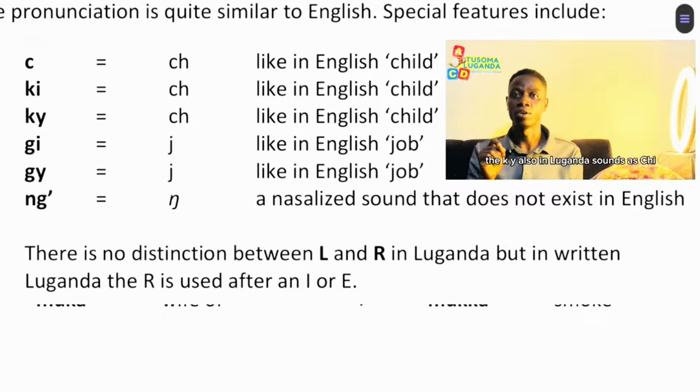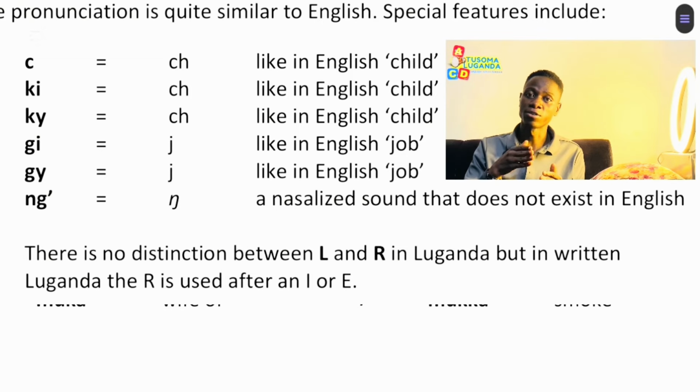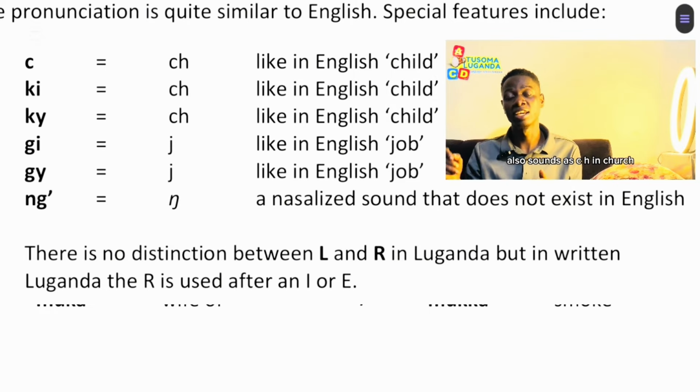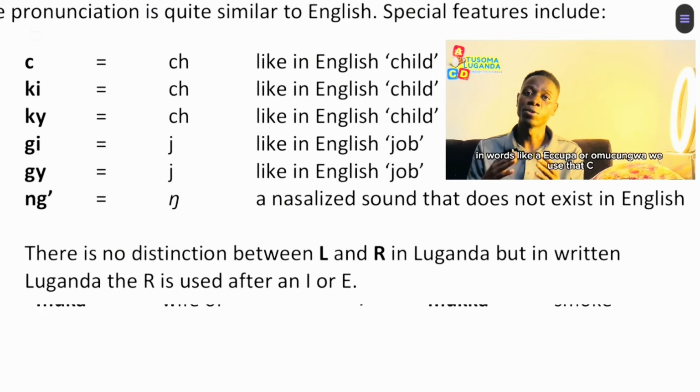The KY also in Luganda sounds as chi. You can use it with different vowels like cha, che. Chu sounds like the CH in church. The last sound that sounds similar is the C. It also sounds as CH in church, in child, in words like echupa, omuchungwa. We use that C.